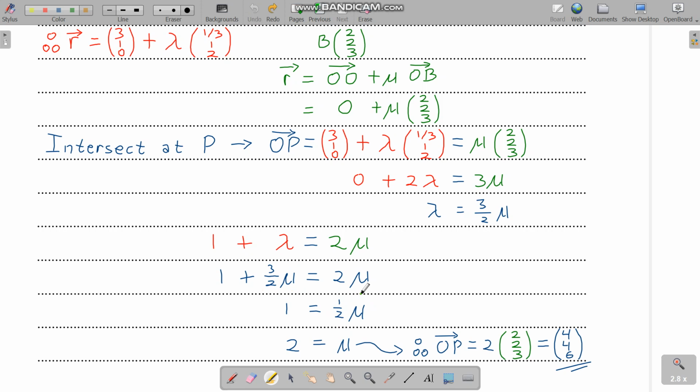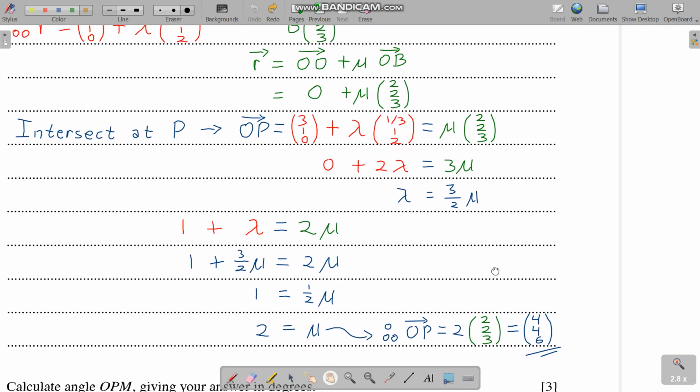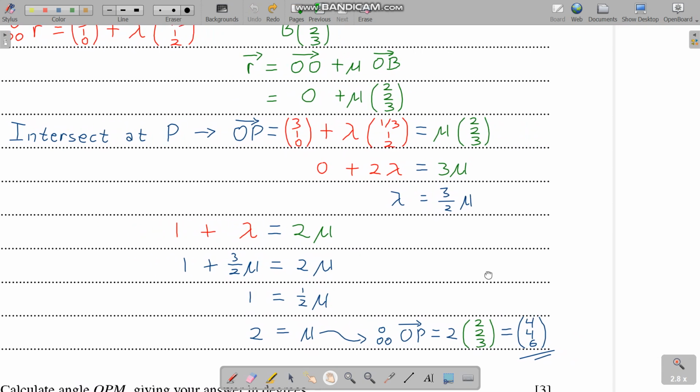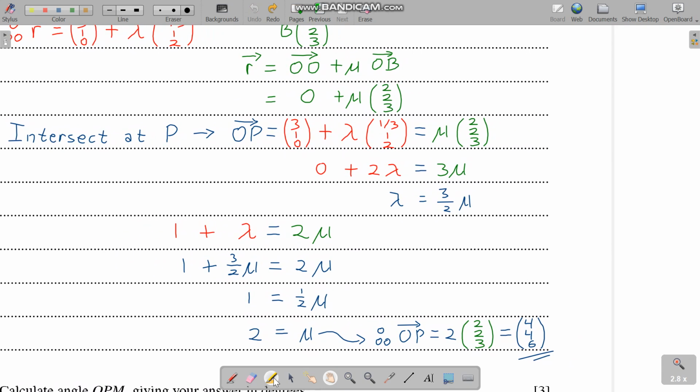Multiply both sides by 2, the mu is 2. Since we have the lambda and the mu, we can find the point P. We are using this green line equation here. We know the mu is 2, so we plug in and we get the coordinates of P. Okay, that's the fast way.